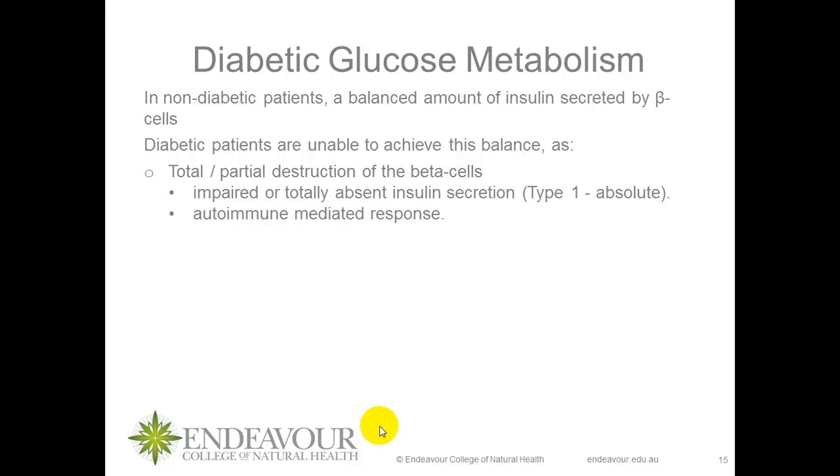This is an autoimmune phenomenon where the person is setting up a T cell response in their beta islet cells so as to wipe those beta islet cells out, treating them as if they are a foreign antigen.